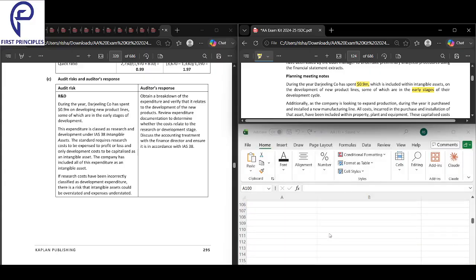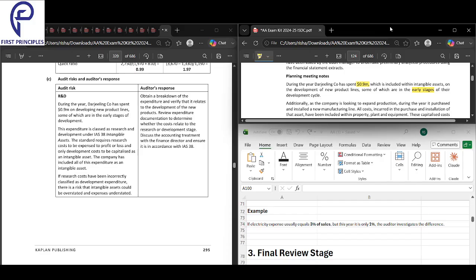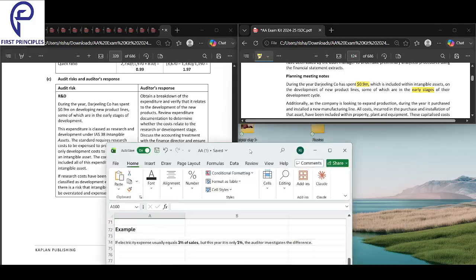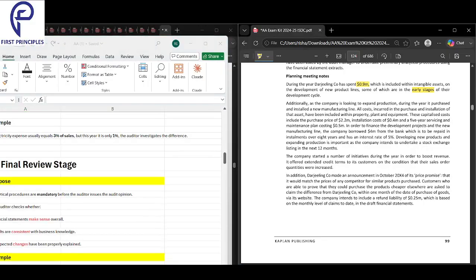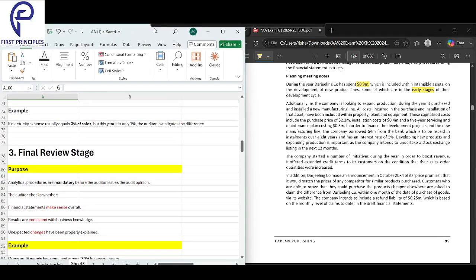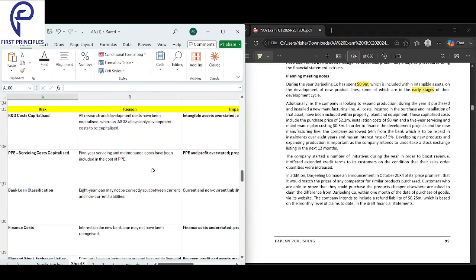So in the first stage, we have a risk here. So let's look into the risk. Okay, what is the risk? The risk is that some research cost would have been capitalized. What they have told is that 0.9 million has been included in intangible assets.